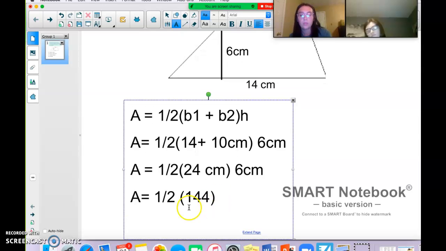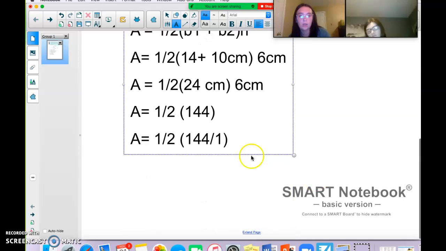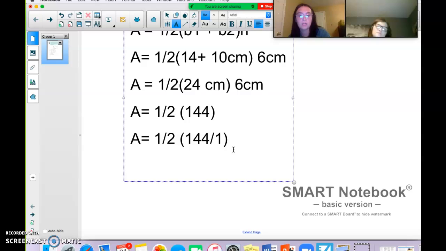Next, to make it a little bit easier on us, we're going to do 1/2 times 144 over 1, so that we're multiplying two fractions. That comes out to be 144 over 2.